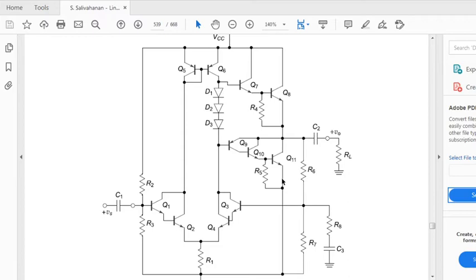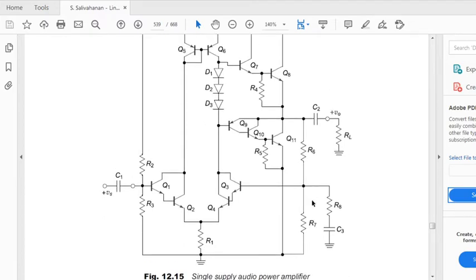So in the case of your single supply audio power amplifier, you are having the Darlington pair connection. Okay, and also your output is fed back via the combination of R6 and R7 to drive your Q3. So the purpose of R6 and R7 is to drive the base of your Q3.